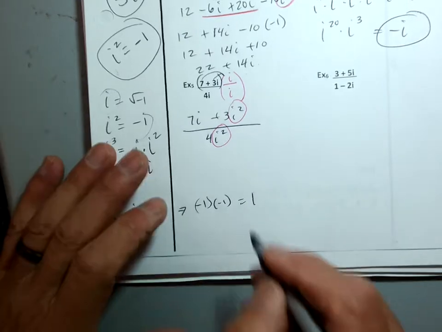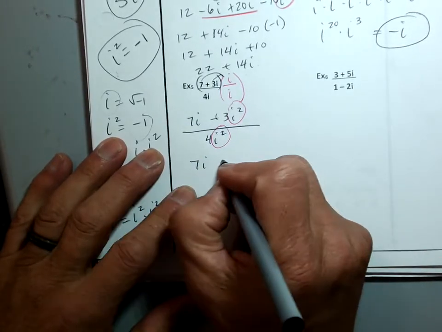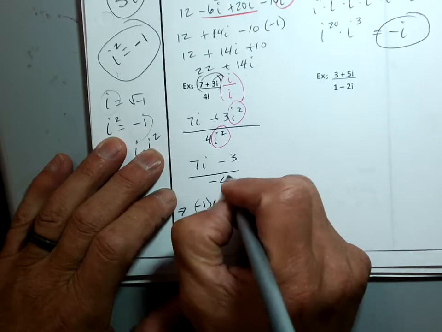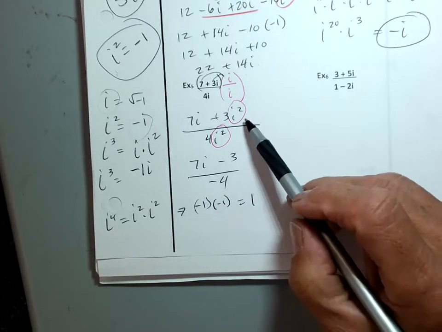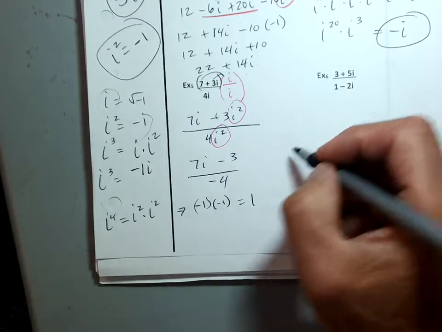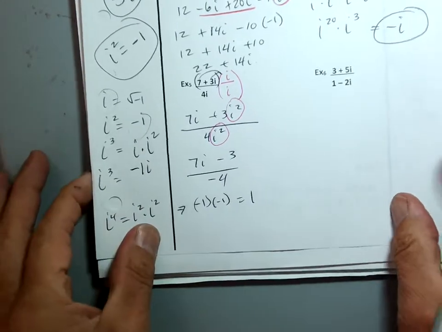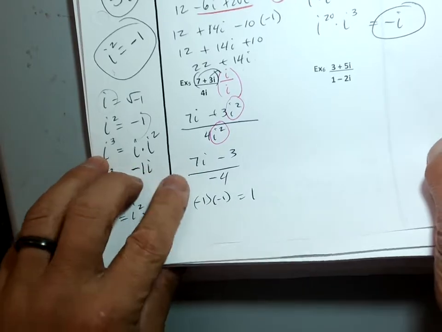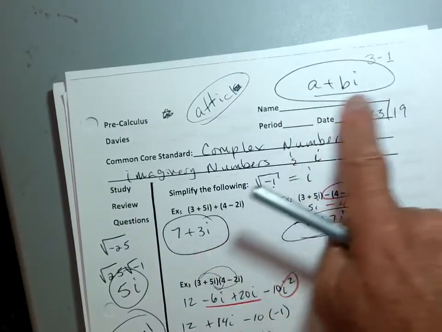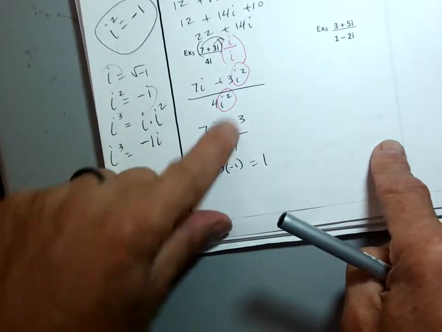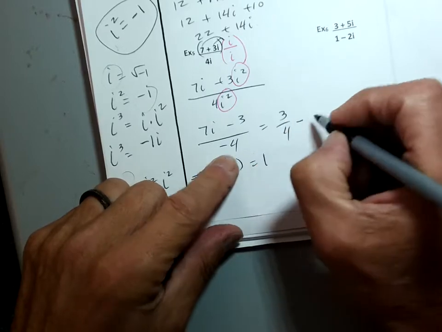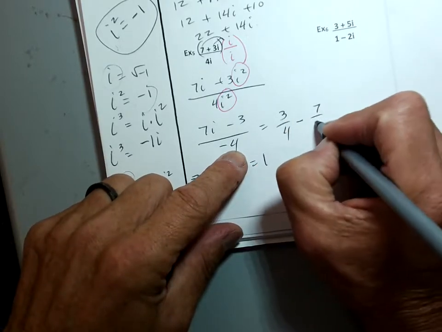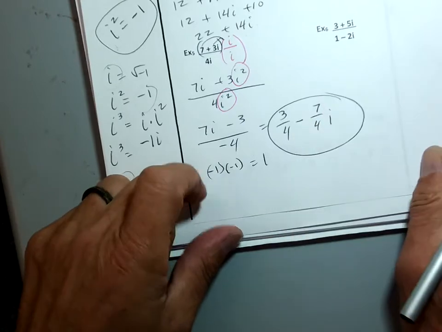So I'll rewrite this expression as 7i minus 3 over -4. Let me rewrite it, I don't want to go too fast, it needs to be in this form. So I'm going to rewrite it as 3/4 minus 7/4 i. Okay?